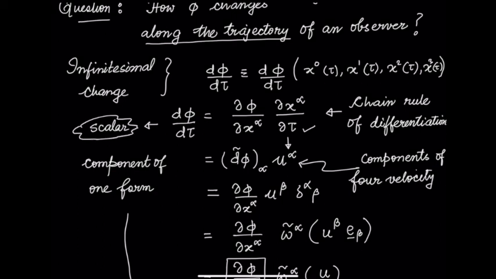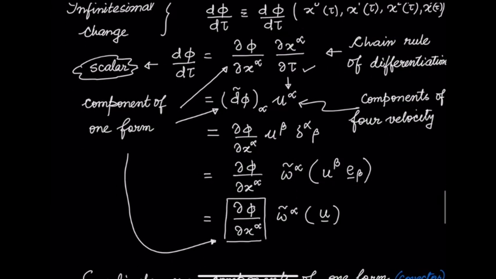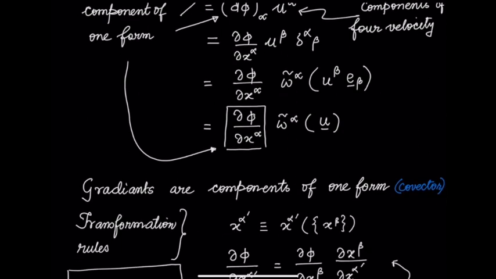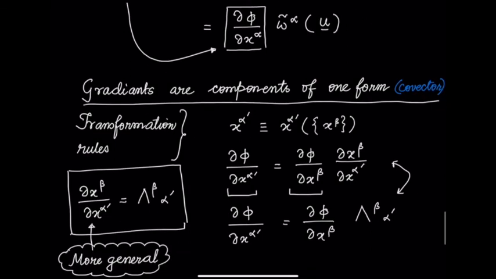From that we argued that these quantities are components of a one form. And we wrote down d phi d tau in the language of one forms, and came to the conclusion that gradients are components of one forms, or in the old style, covectors.